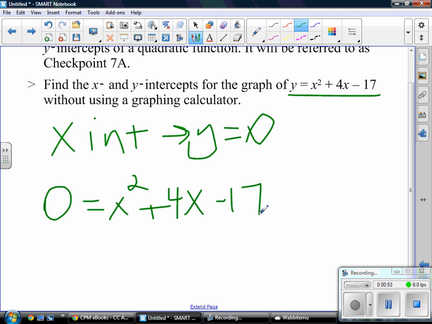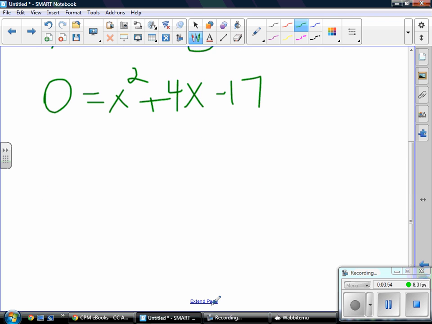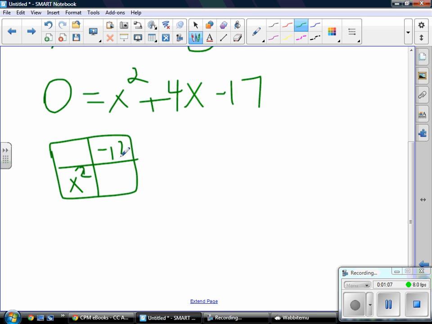So first thing you'll probably think about is to factor. So if I try to factor this, if I do my rectangle, x squared, I have negative 17 up here, and I do my diamond, negative 17x squared, and 4x would go on the bottom.